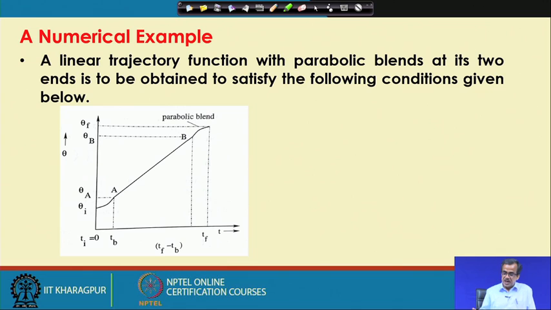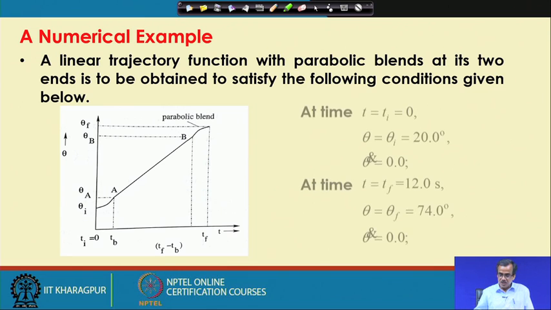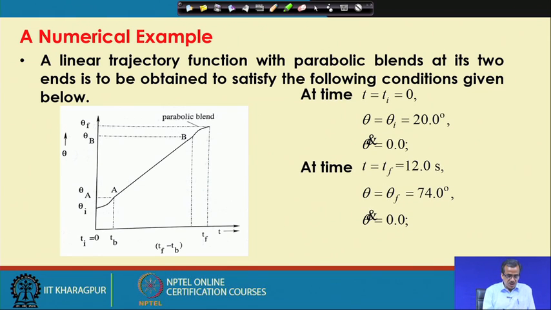Now, the statement of the problem is as follows. So, from A to B once again, this is the pure linear trajectory function, and we have the parabolic blend here and the parabolic blend here.